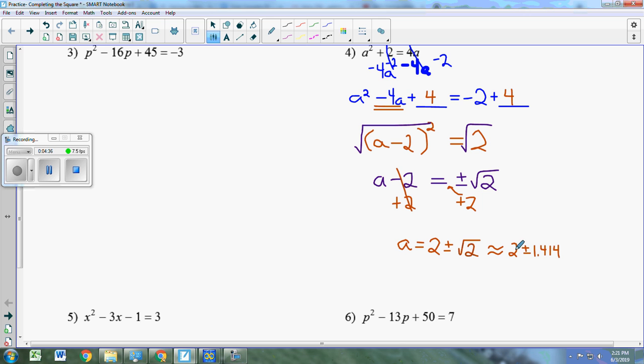So we would do 2 plus 1.414 and 2 minus 1.414. So that would give us, if we added them, 3.414. And subtracting, we would get 0.586, about.